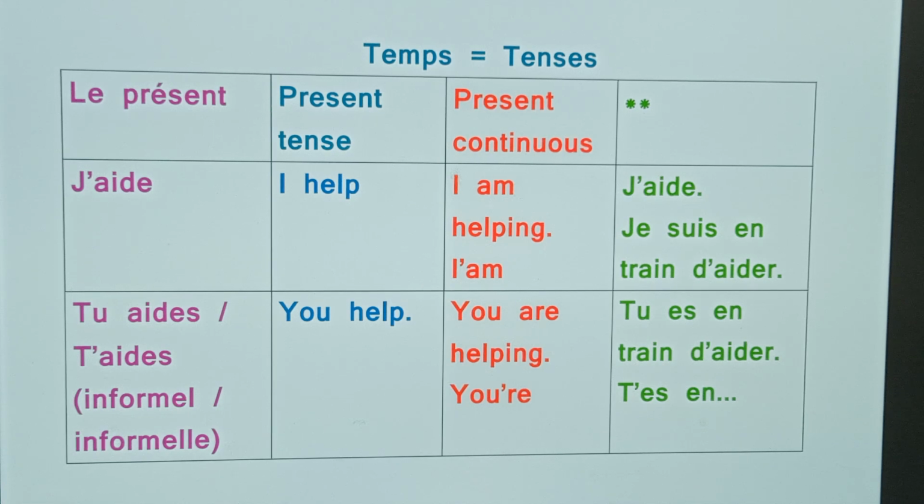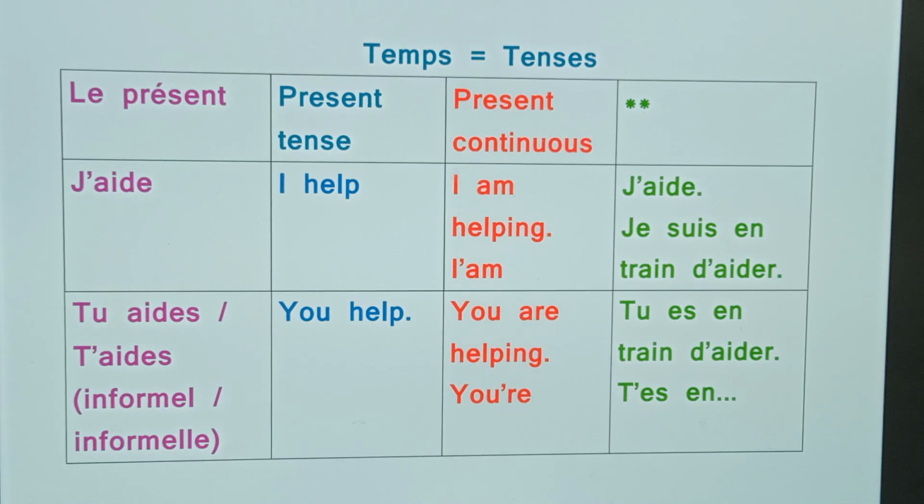Sorry, the vowel. Vowel in French is a voyelle. So you delete the vowel in the first word, and then you just join it with the second word. So j'aide. Okay, as you could probably see, j'aide.